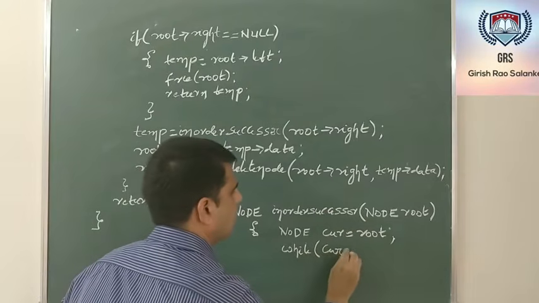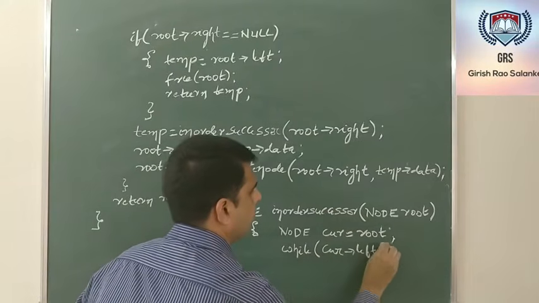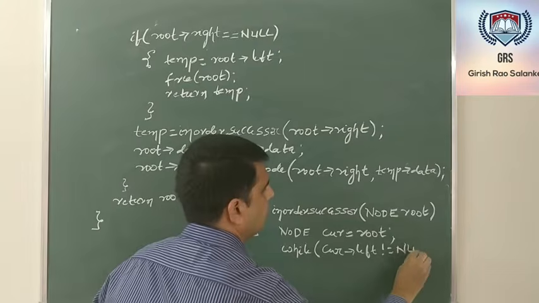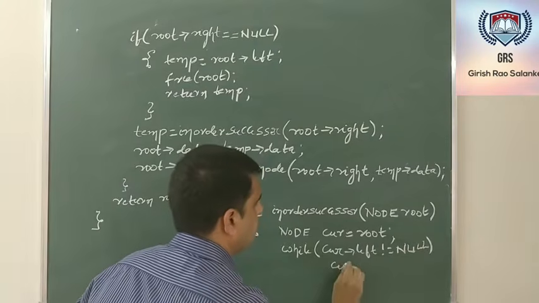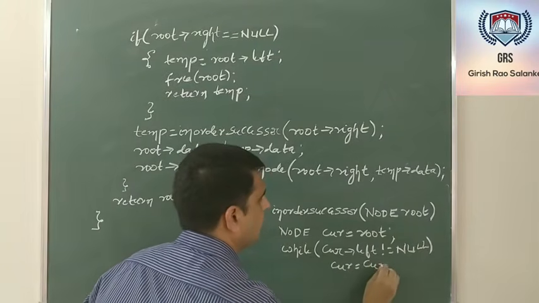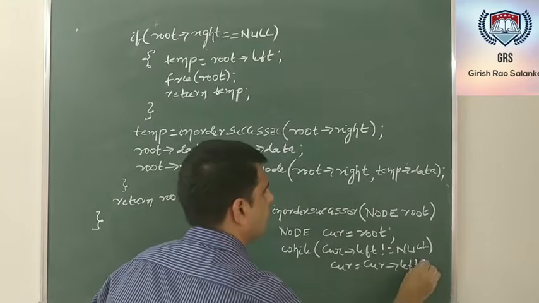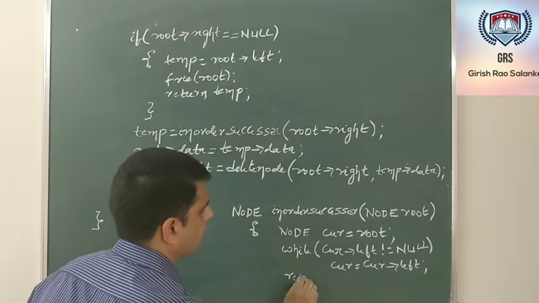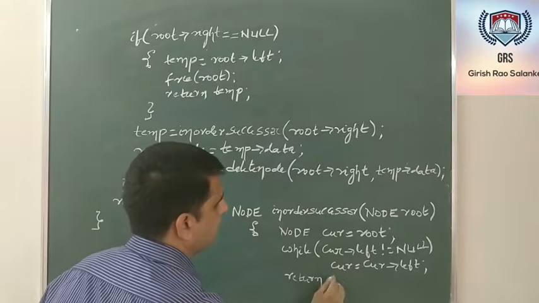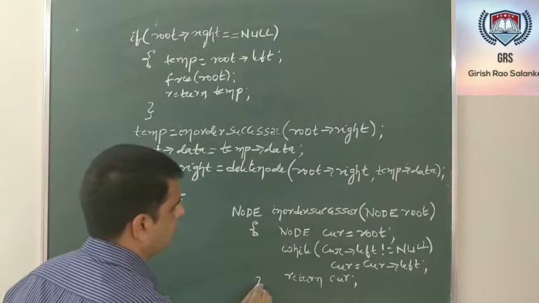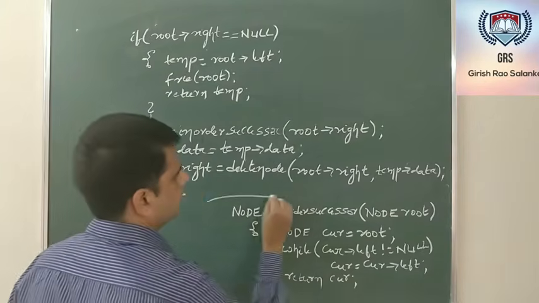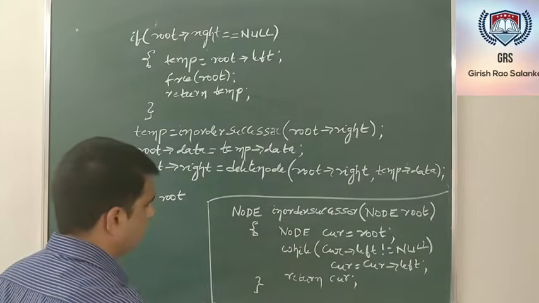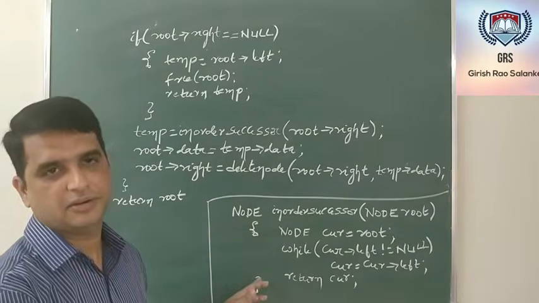While current of left not equal to null, current is equal to current of left. Return current. This is the function to find the in order successor.